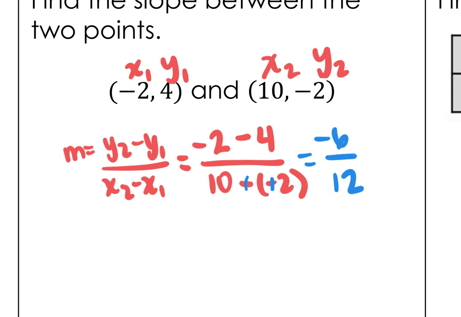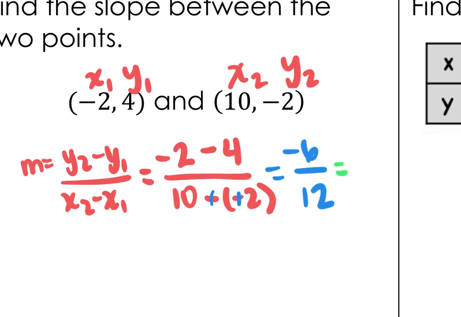Six is not going to divide evenly by 12. But it can be reduced by bigger than that. What can 6 and 12 both be divisible by? Bigger than that. 6. 6 and 12 are both divisible by 6. So if we divide the numerator by 6, we're going to get 1.